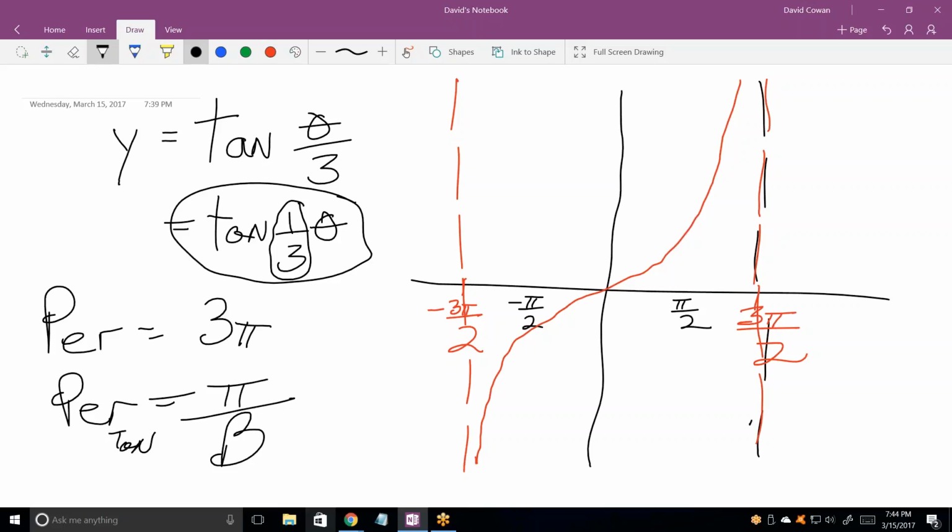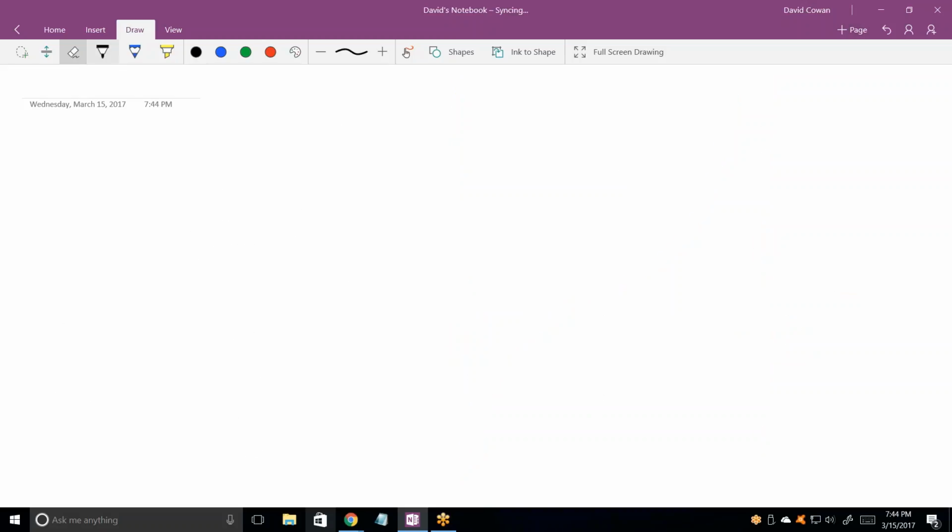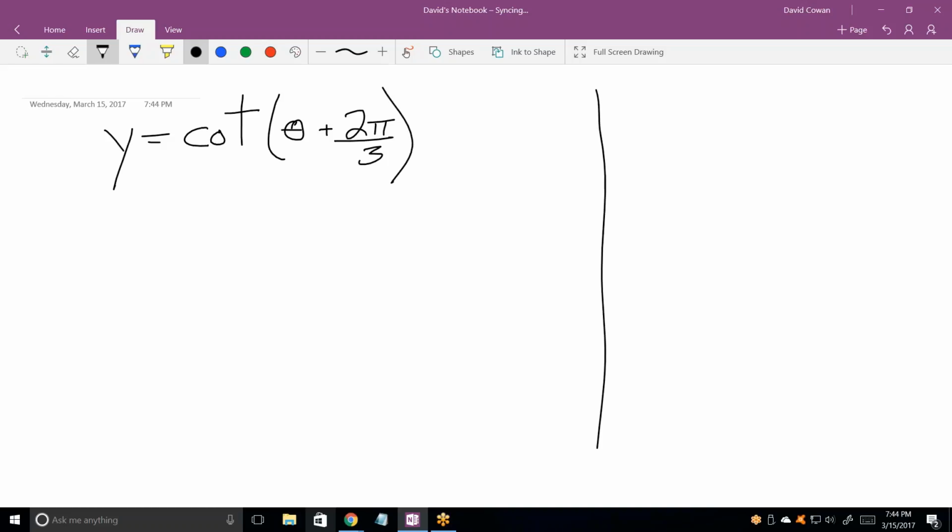As opposed to cotangent. You got a cotangent one coming up? Yeah, the next one. What is it? y equals cotangent of parentheses theta plus 2 pi over 3. Cotangent's asymptotes are like this.